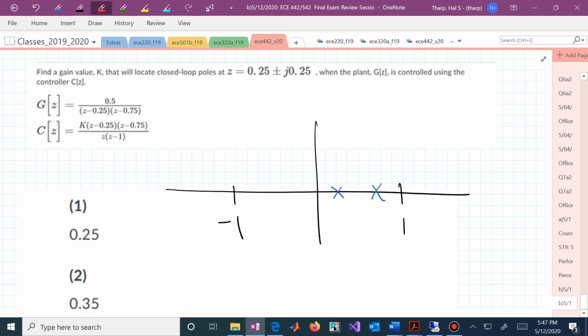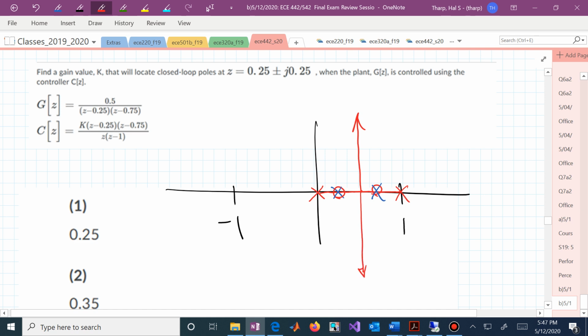This is a PID controller, we have a pole at the origin and a pole at 1, and in fact we're canceling those stable poles with our zeros of our PID controller. So now you can virtually eliminate those X's and O's that are canceling each other. They're effectively not there. Our root locus now is going to be the standard root locus diagram.